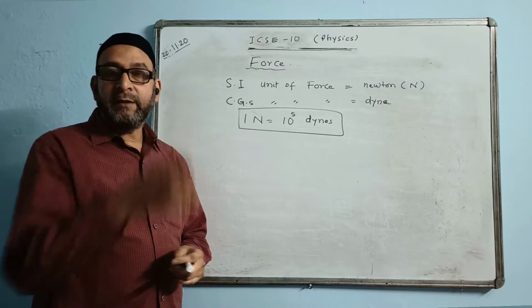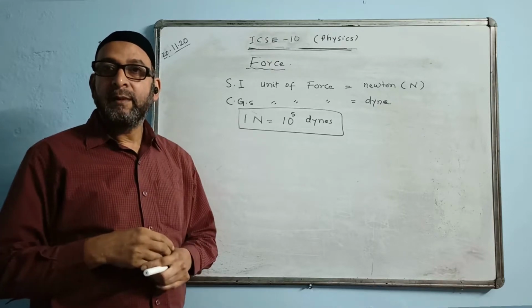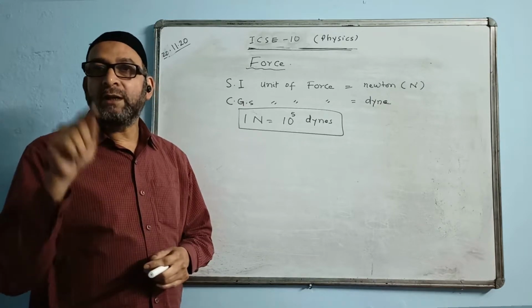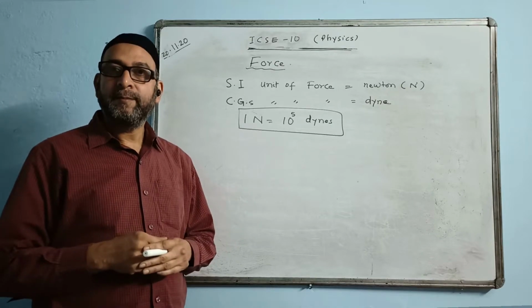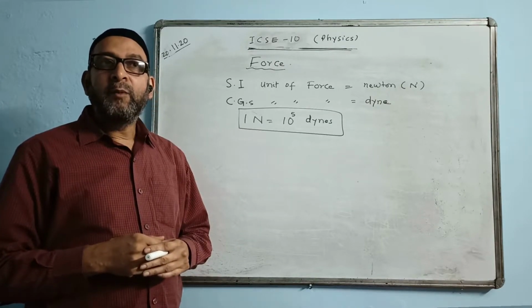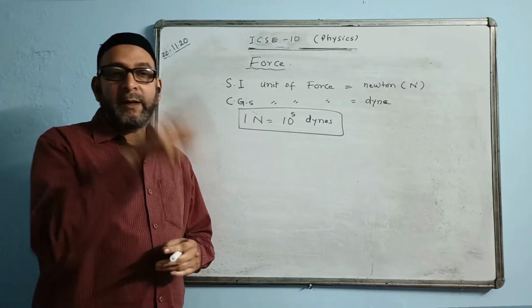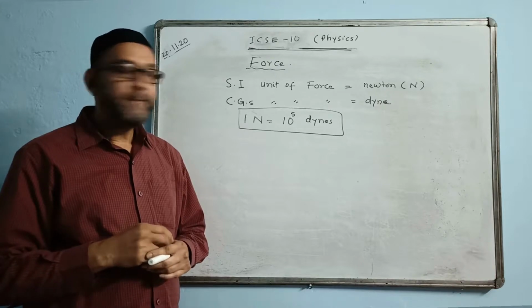Motion in a straight line. Motion of a body in a straight line is called translational motion, or we call it linear motion. And motion of a body along a circular path is called circular motion, as simple as that.